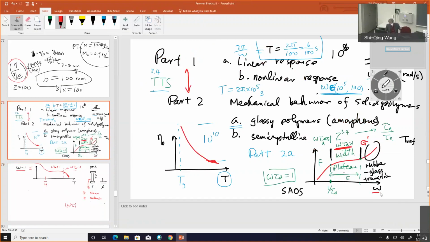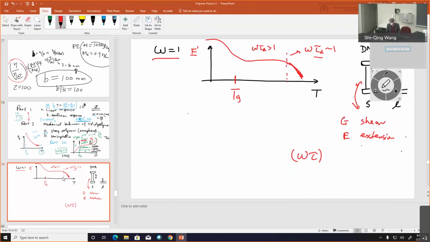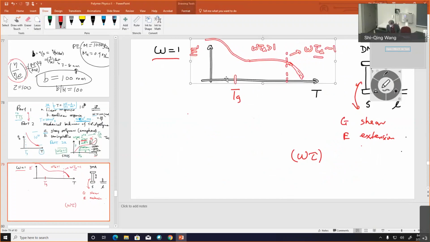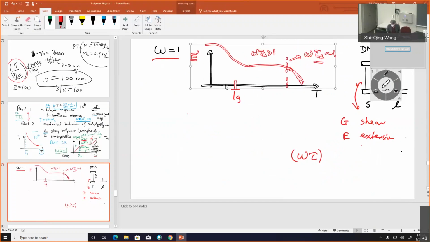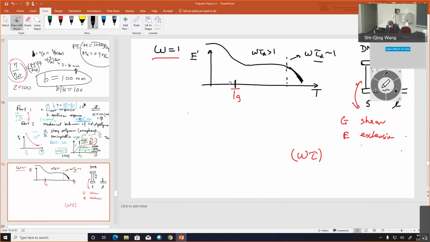This feature of taking off is the same feature as this taking off as I cool toward TG. I probably did not plot well enough. Probably I should indicate my TG is here instead. Basically, there is a point. Okay, so that's one thing.